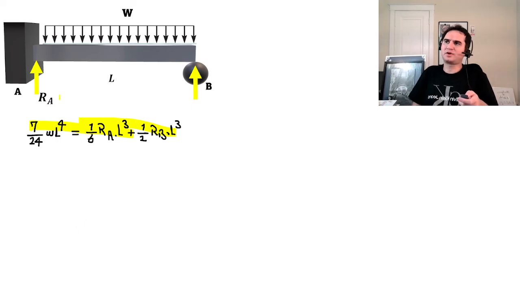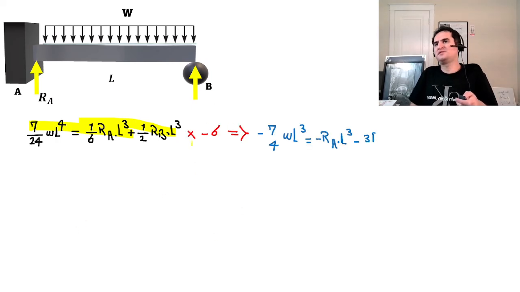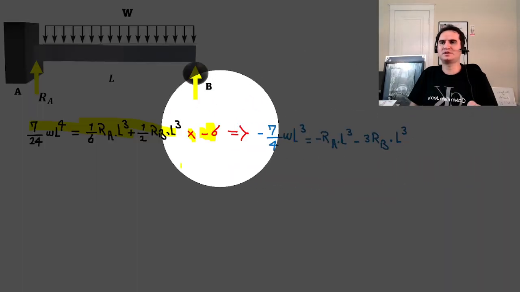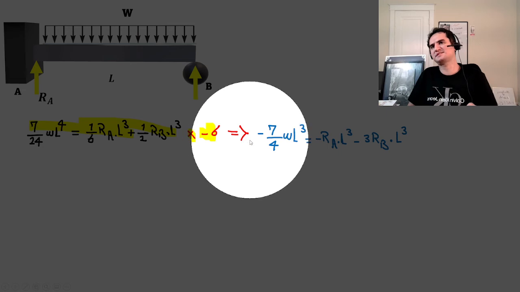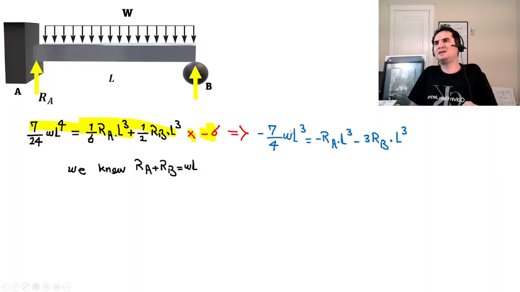And let's talk about RA and RB. If we multiply that equation by negative 6, it gives us the equation at the right. At the same time, from the geometry of the structure, we can easily know that RA plus RB is equal to WL, cancelling the distributed load at the top.